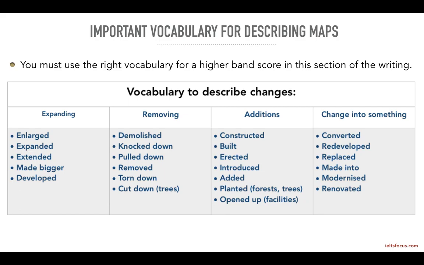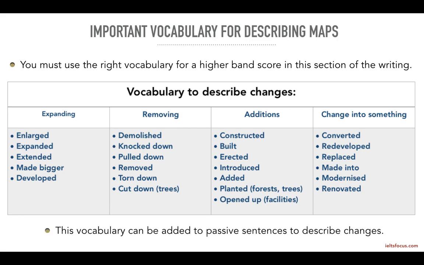So, for instance, the shopping centre was redeveloped, or the parking area was made into a bigger area, or is replaced. The shopping centre was modernized, for example. Now, this vocabulary can be added to passive sentences to describe changes, which we're going to look at now.